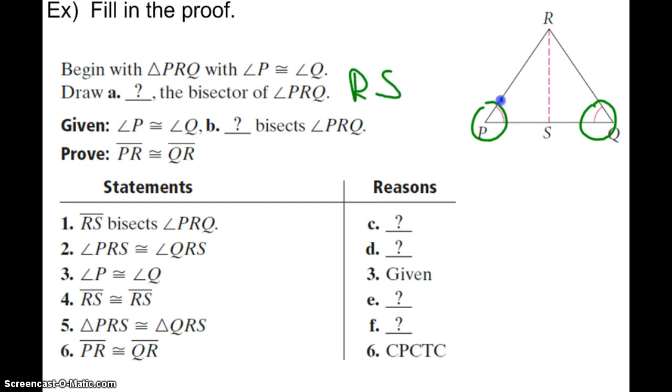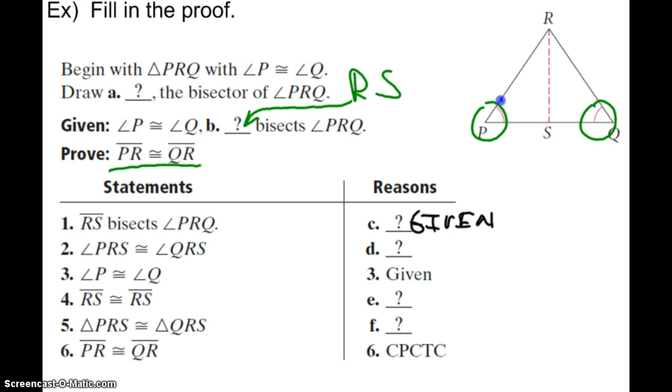Given angle P is congruent to angle Q and RS is the bisector of angle PRQ. Prove that side PR is congruent to QR. RS bisects this angle PRQ. That's given. We drew that in. That's given.